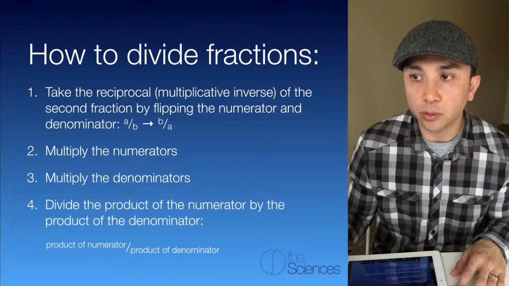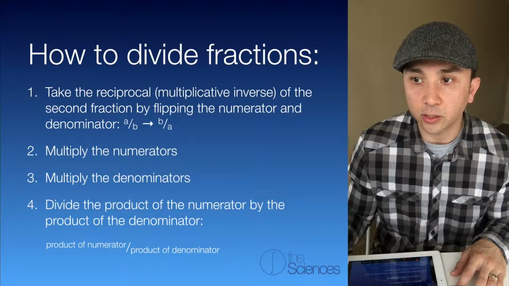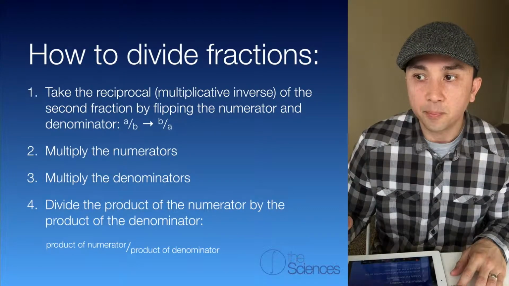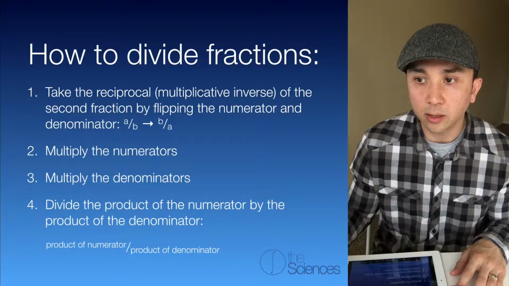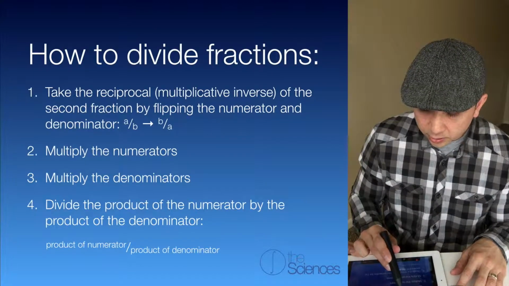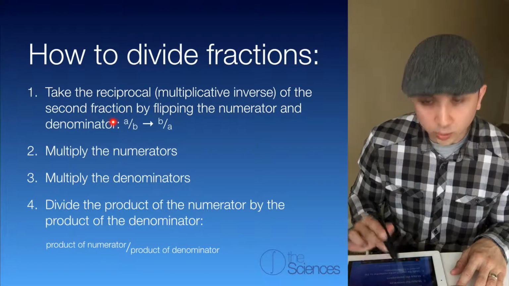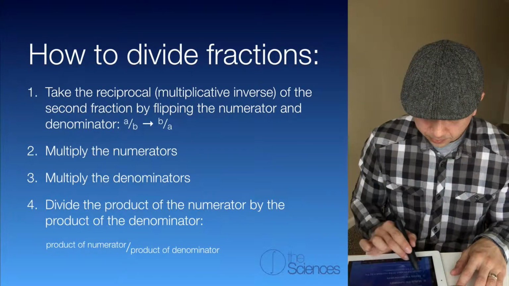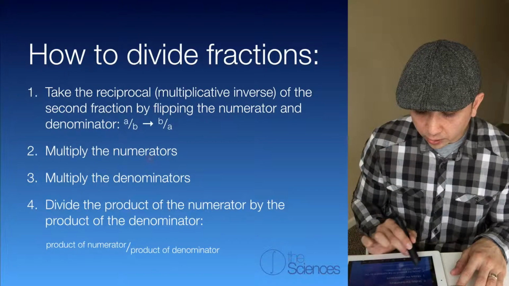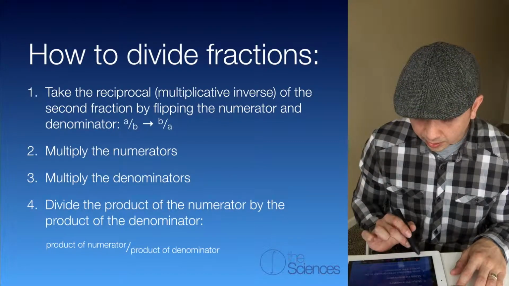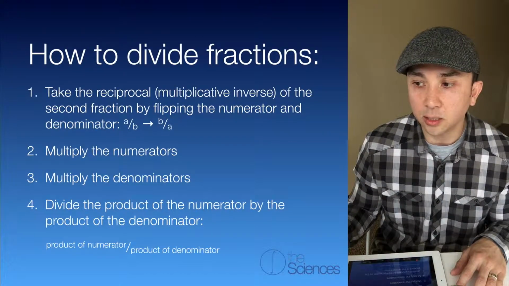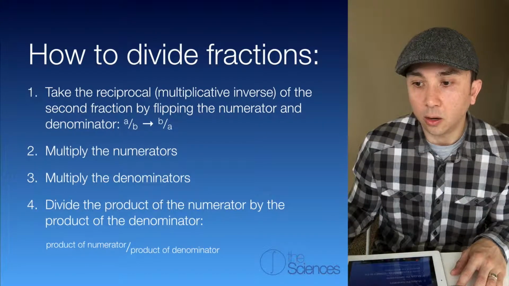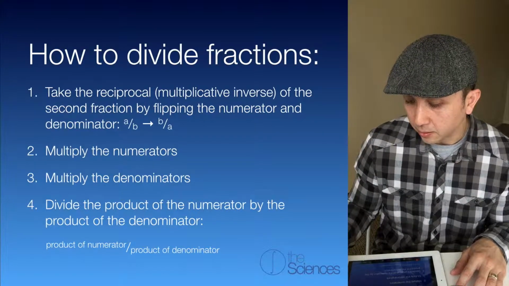We're going to take the reciprocal, or the multiplicative inverse, of the second fraction by flipping the numerator and the denominator. So if we had a over b, we're going to flip it so that we get b over a. And then we're going to multiply the numerators, multiply the denominators, and take the product of the numerators over the product of the denominators.